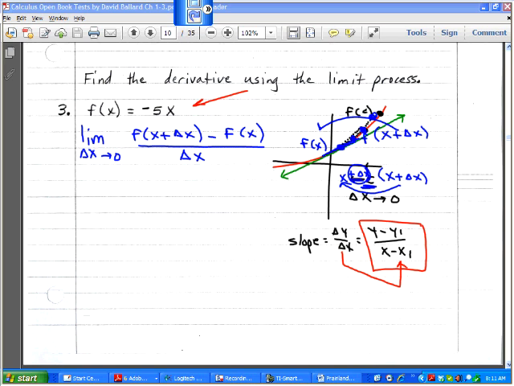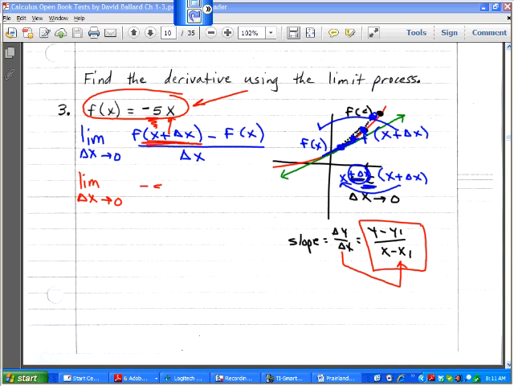So here we begin to work. We want to find the derivative of the function negative 5x. So we're going to have the limit as delta x approaches 0 of. Now, we want to find f of this. That means in the f function, we replace the x with that.